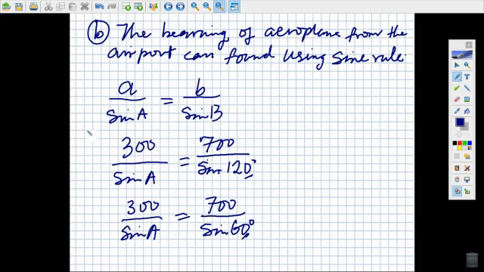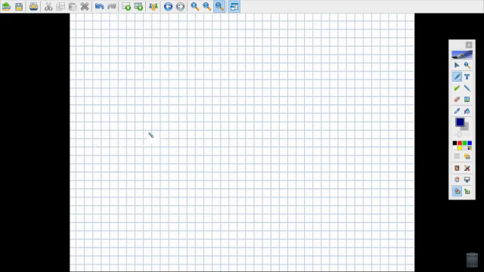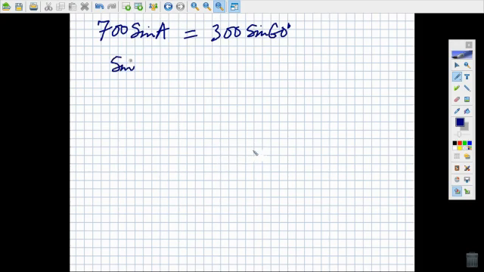So moving ahead, we have that 700 sine A is equal to 300 sine 60, so that sine A is equal to 300 times root 3 over 2, divided by 700.